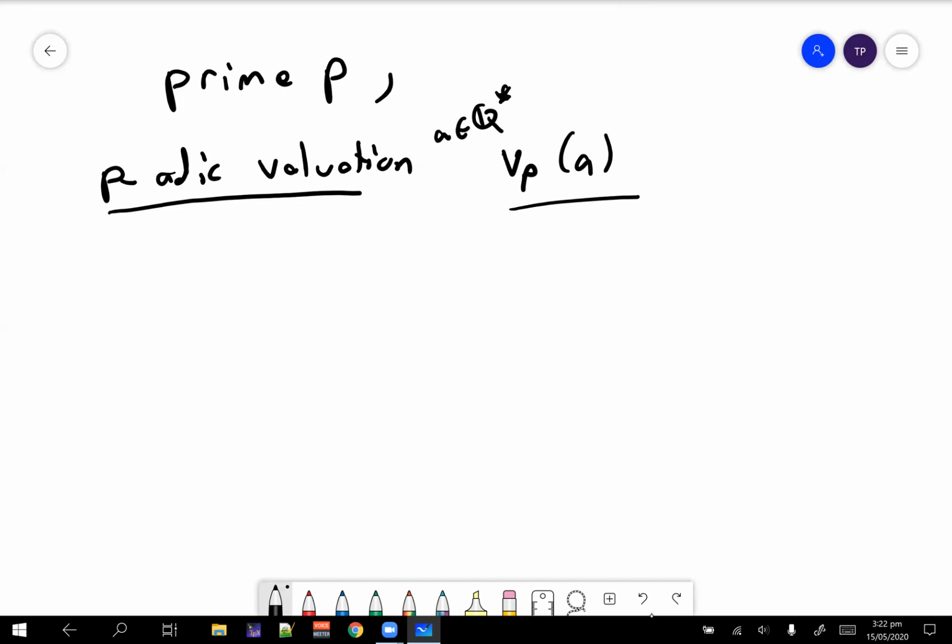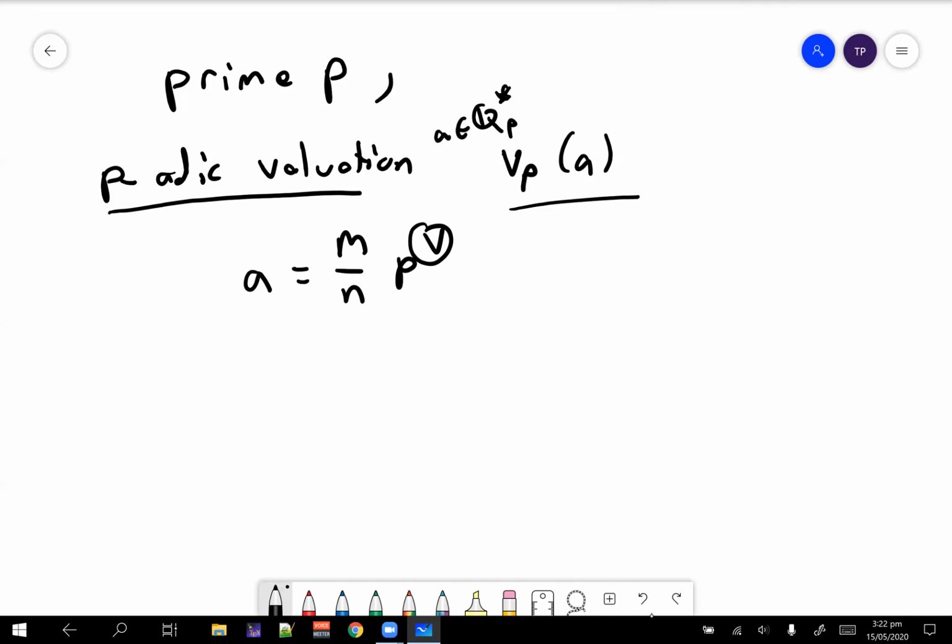The proper way to write it, if you recall a neat theorem of p-adic numbers, is that for a p-adic number a, we can write it in this form: m over n times p to the v, where m, n, and p are all integers and they're all pairwise coprime. And actually, this v is our p-adic valuation.